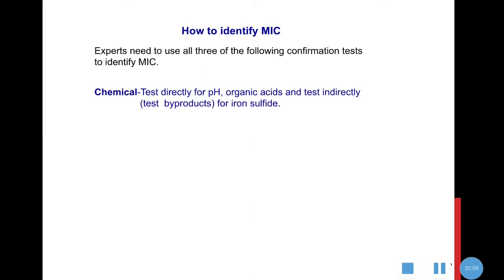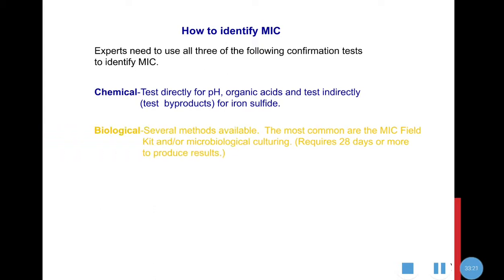Contoh, kita tengok pada permukaan besi, kita ambil macam dia ada by-product kan pada surface tu, so we have to take and then bring to the lab, baru kita buat chemical test, nak tengok apa benda sebenarnya organisma yang menyebabkan berlakunya that types of corrosions. The second method ataupun the second test that normally expert use is by biological test, which is several methods available. Okay, the most common are MIC field kit or microbiological culturing.